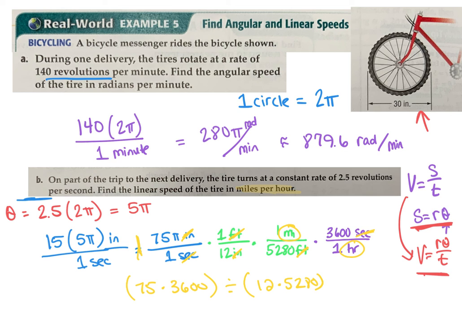When you do that, you should get approximately 13.4 miles per hour. Hopefully. 75 times 3,600, divided by 12 and 5,280.